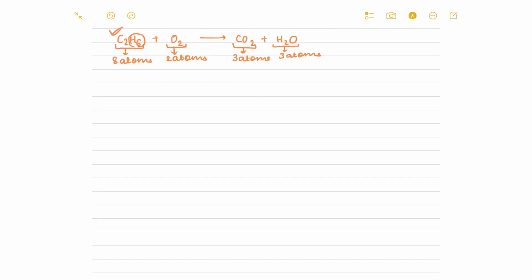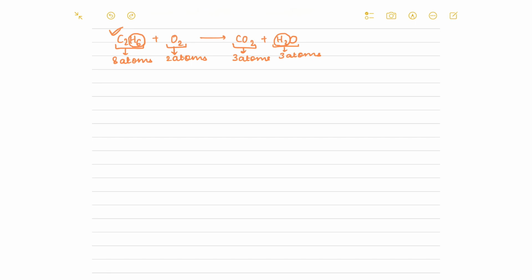There are 6 hydrogen atoms on the reactant side and there are 2 on the right hand side. Let us balance them first by putting the coefficient as 3. If we balance the equation first by putting coefficient 3 as 3H2O on the product side to balance hydrogen, then the number of oxygen atoms on the product side shall become odd.